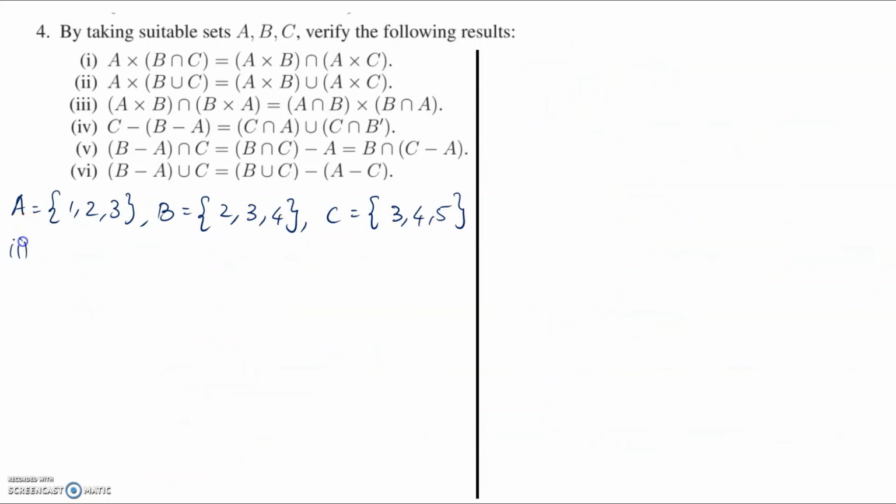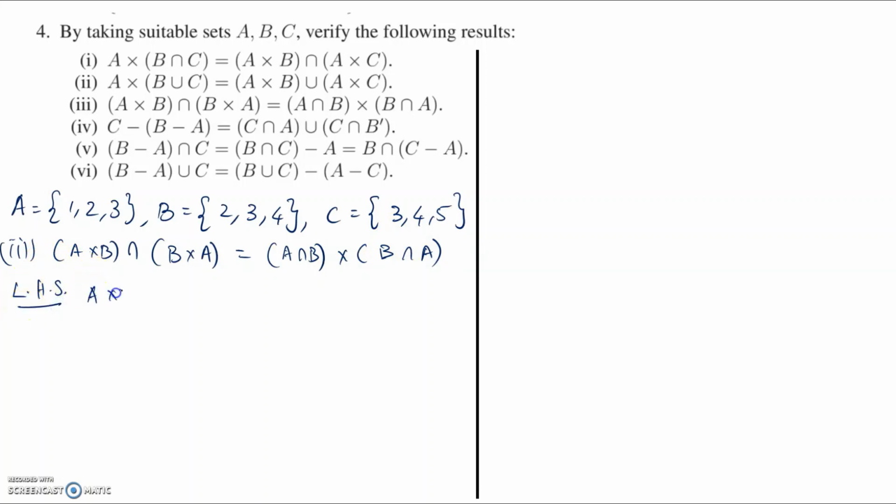Next is question number 3. So we have to prove A Cartesian B intersection B Cartesian A is equal to A intersection B Cartesian with B intersection A. So let's take the left hand side first.